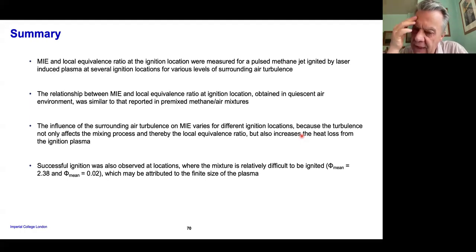So it is a facility that in principle can be used to analyze in a more stationary manner, because you have a mean velocity which is zero, phenomena that become quite difficult to track if you have mean flows, because everything moves with the flow.